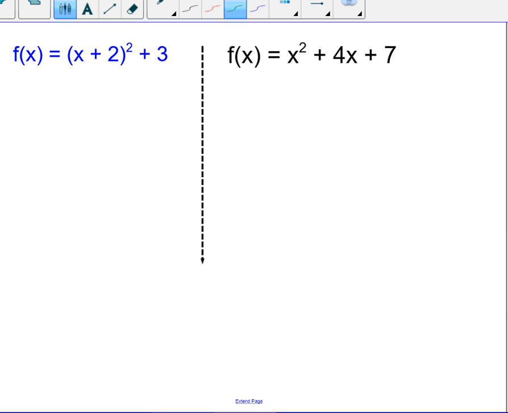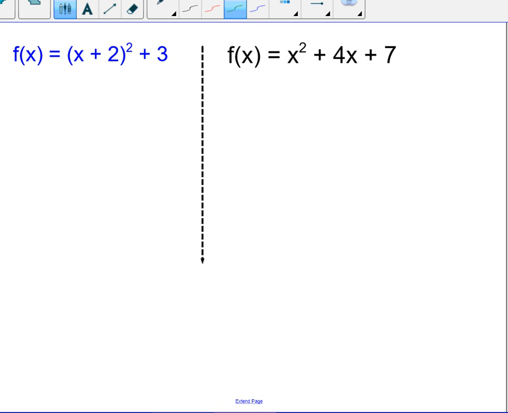Okay, so now that we have that in standard form, let's quickly go ahead and find the axis of symmetry and the vertex, just like you learned to do, and hopefully already did the Delta Math on in the previous video.